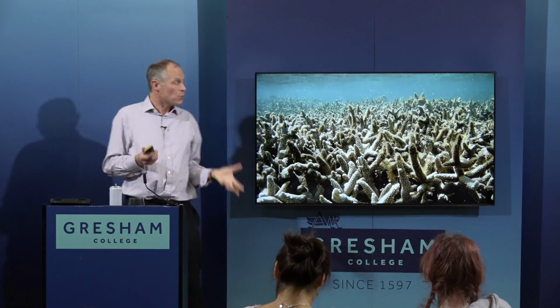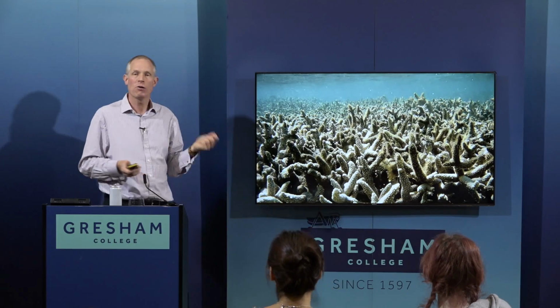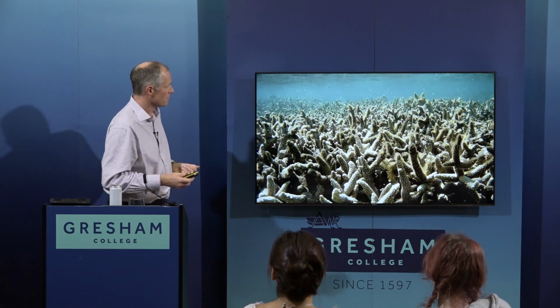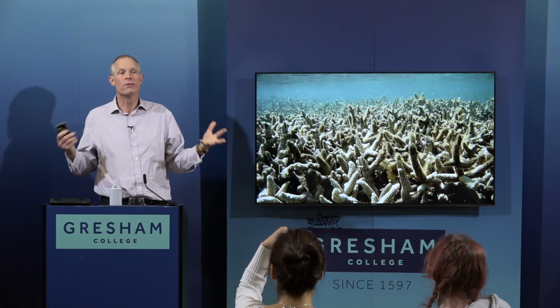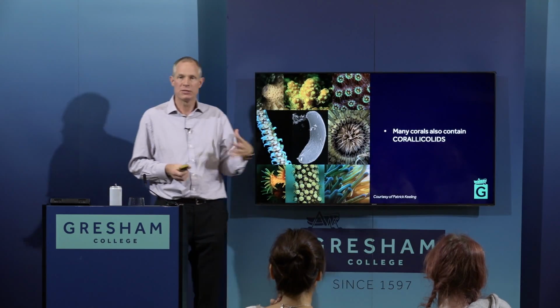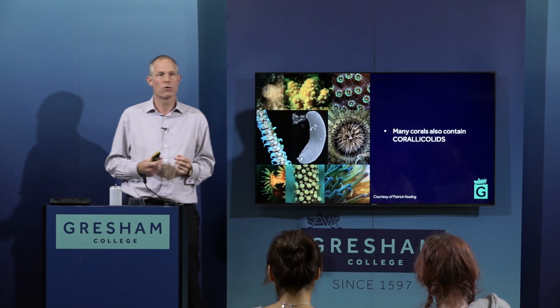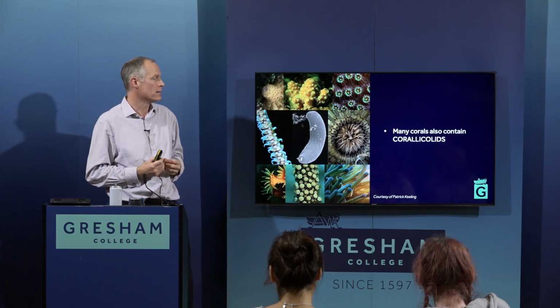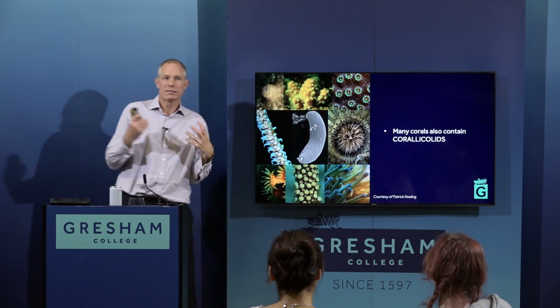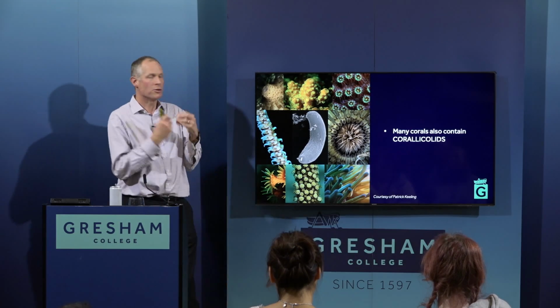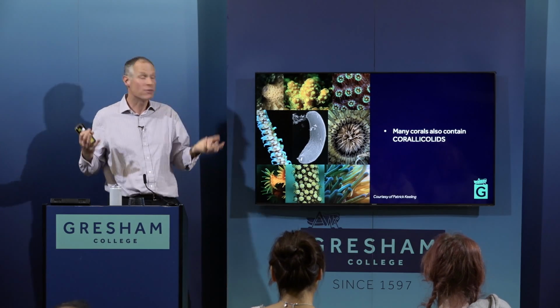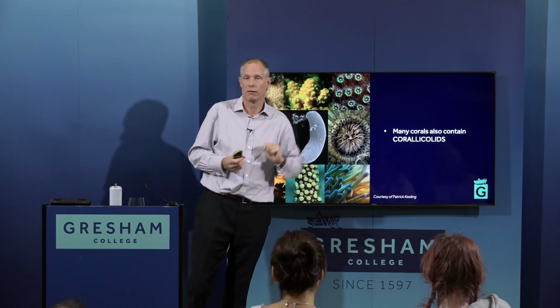One of the most interesting twists in this tale, I think, is we've known about this coral symbiosis for a very long time, but very recently, it's turned out this symbiosis is even more complicated than that, because just about 2 or 3 years ago now, a group investigated coral by DNA sequencing and discovered that within the coral is the alga, we knew that already, but also this unusual group of organisms not previously found that are now called corallicolids.